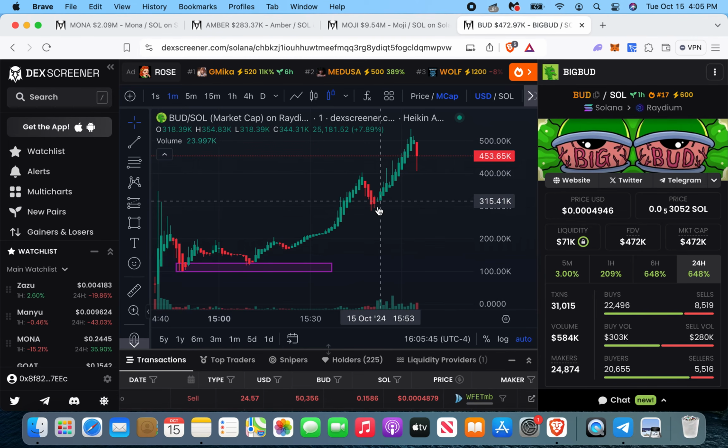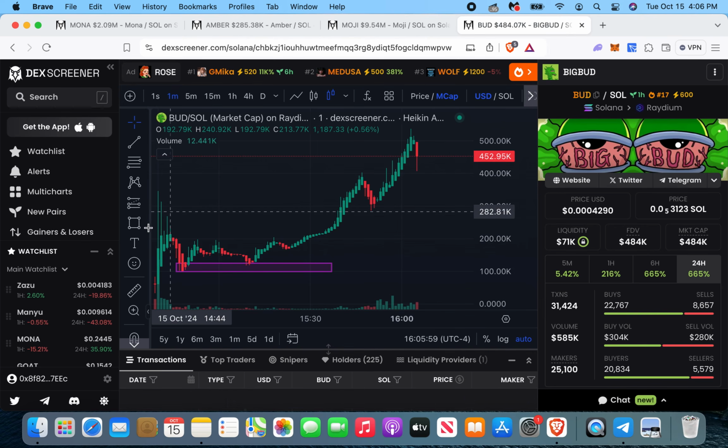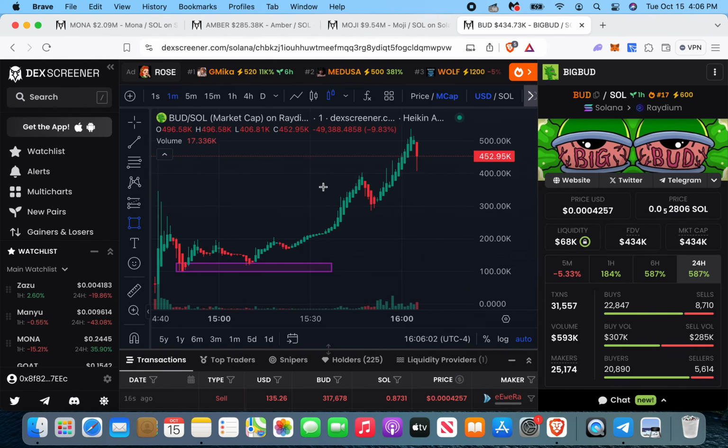For example, this could be a new zone right here, because it went higher and had a pullback here. So potentially this could be an area of support where you can draw another rectangle right here. It's not certain, right? It might go below this and hit here, which is much better for us, because if you catch it here and it goes back up, you can make like a 3, 4, 5x.